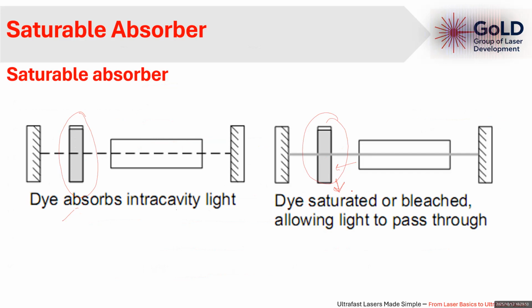Usually it happens at high intensity. Here it acts like opaque, with some very small leakage at the output, but not too much. So here the light is blocked and here light passes through. This bleaches. Here it absorbs the light and here it's not able to absorb the light.